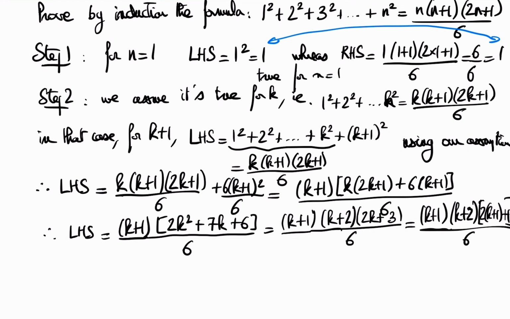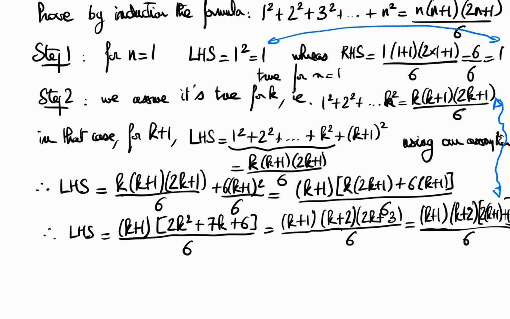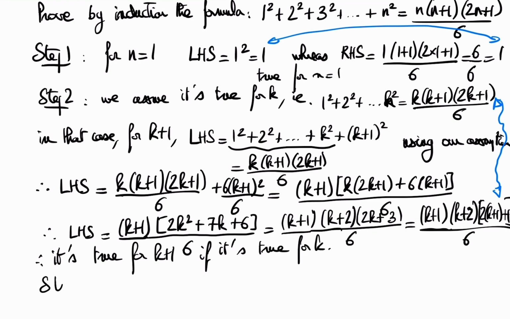That is the same formula as the formula above, but applied to k plus 1. So therefore, it's true for k plus 1 if it's true for k. And then step 3.